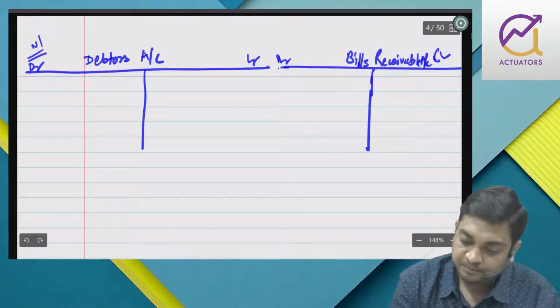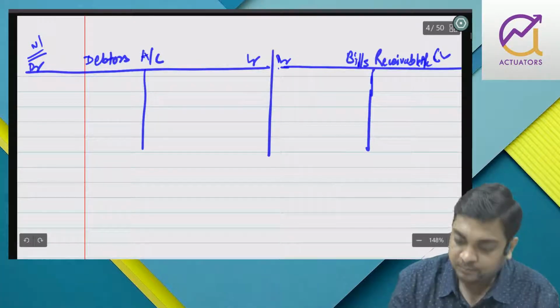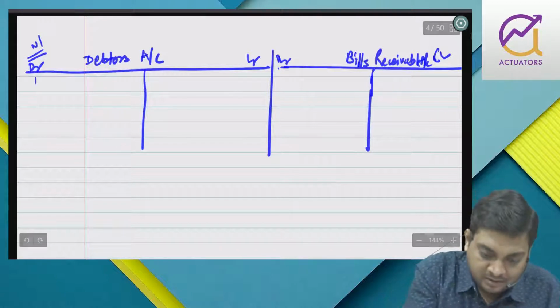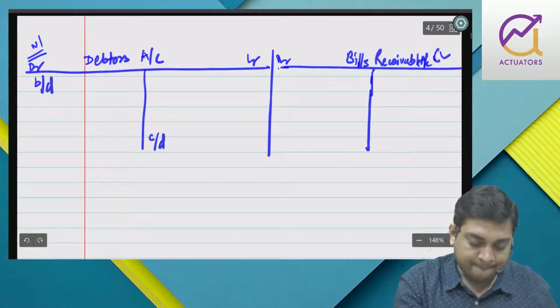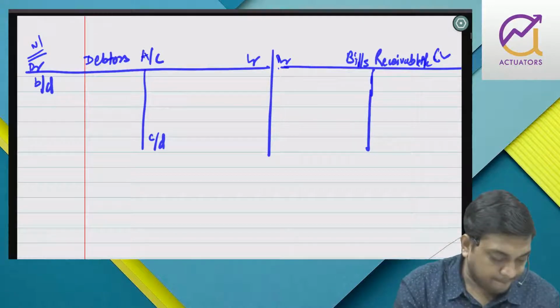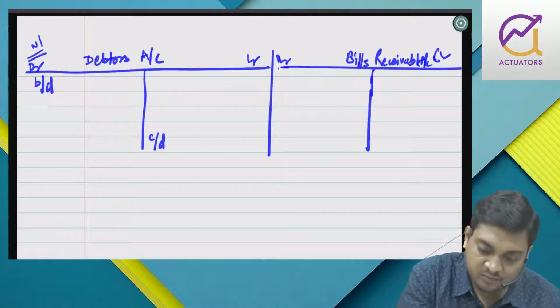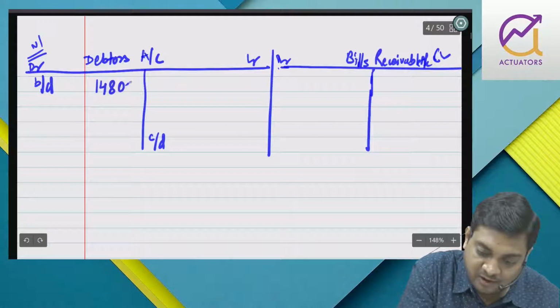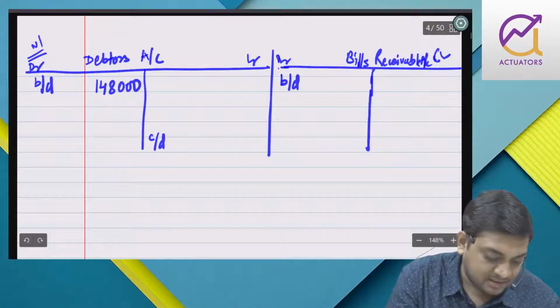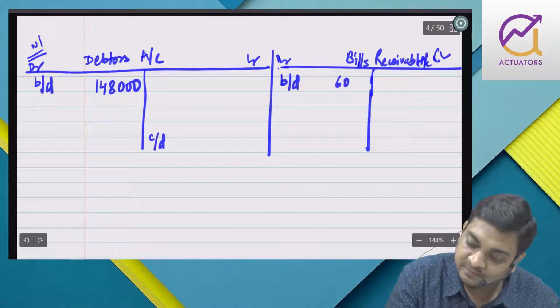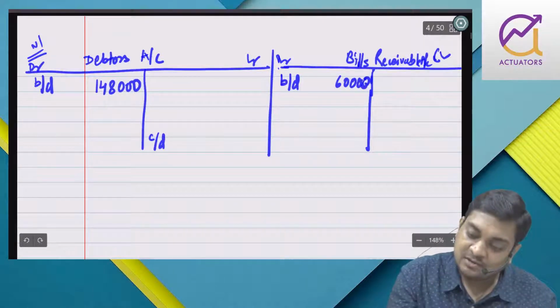Now, what is the debtor's opening balance? 1,48,000. Bills receivable opening balance 60,000.